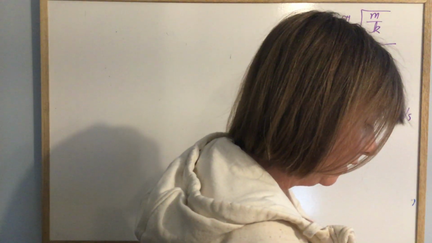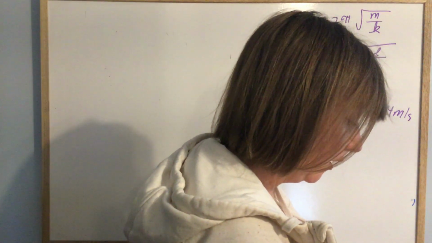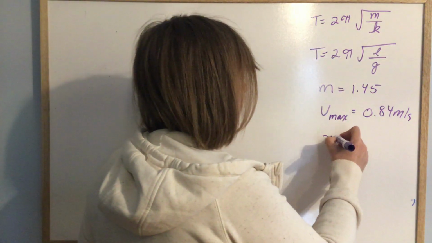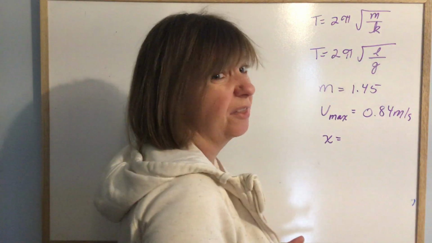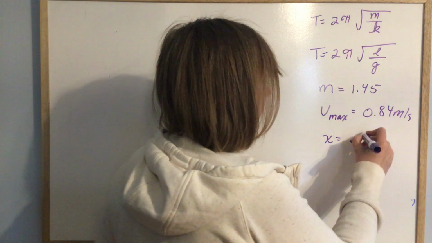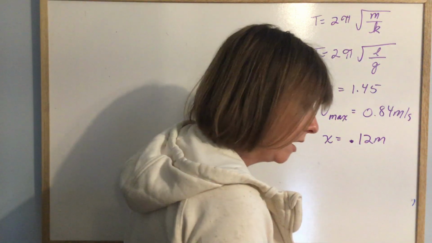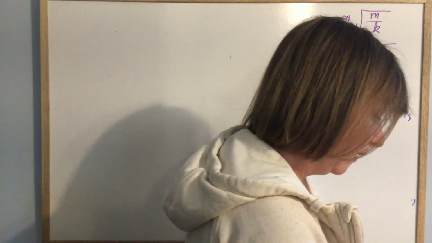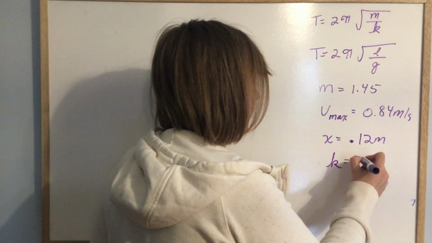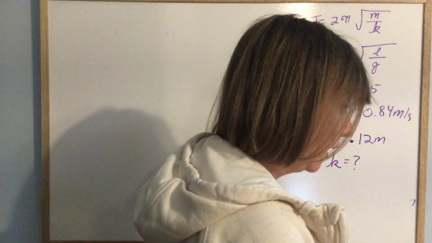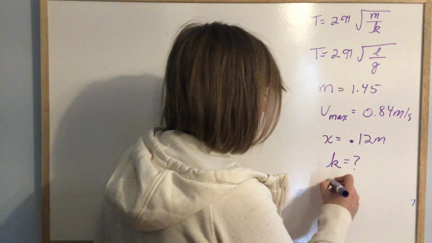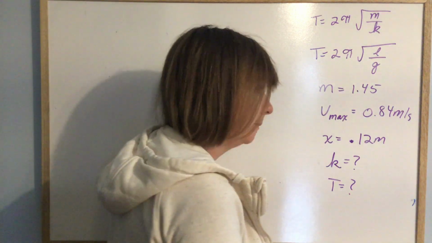And if the amplitude of the oscillation is 12 centimeters, so that means it extends out to 12 centimeters, I'm going to call that X, so 0.12 meters. They want to know what is the force constant of the spring, so they want to know what's K, and they want to know what is the period of the motion.